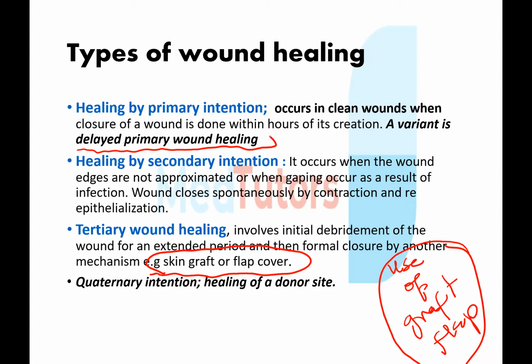When you harvest tissue from a donor site, if you remove the skin, there are some skin appendages like the sweat gland and sebaceous gland that are still on the donor site, and you have regeneration of epithelium from that donor site in order to close that defect you left.